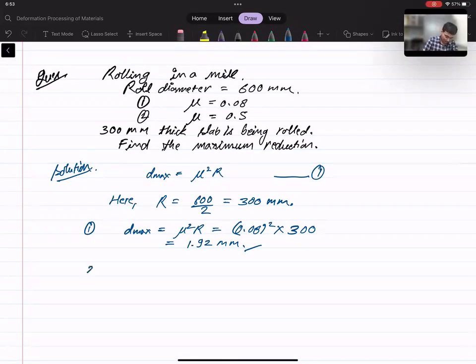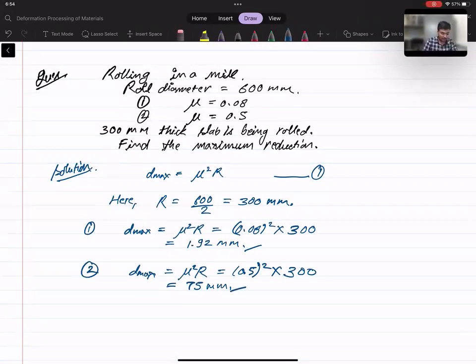Now in the second case, when mu becomes 0.5, the maximum draft or maximum reduction will again be mu square r, which is 0.5 squared times r, and this comes out to be approximately 75 mm.